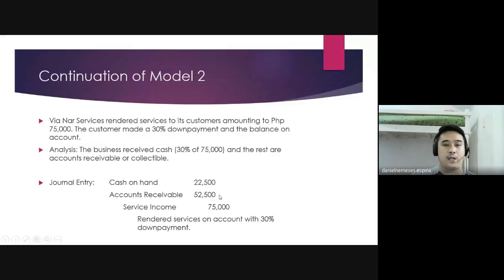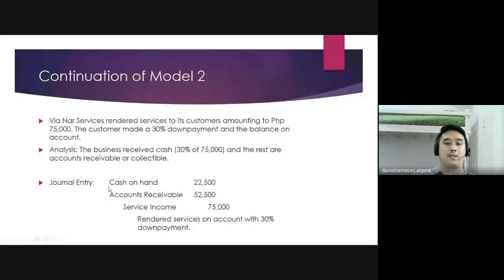So notice that they are the same in debit, they are aligned. You debit cash on hand, because the business received 22,500, and then accounts receivable, the collectible, 52,500. Notice that we aligned the debit entries.